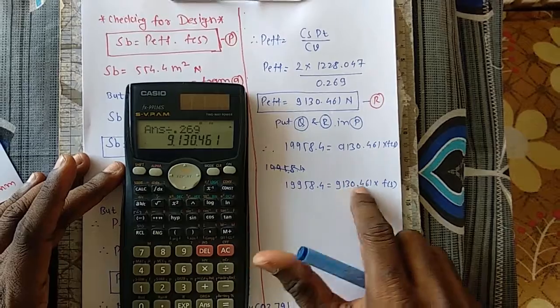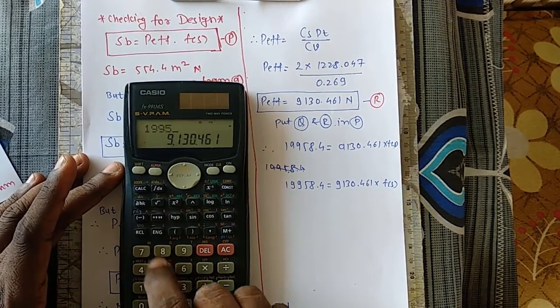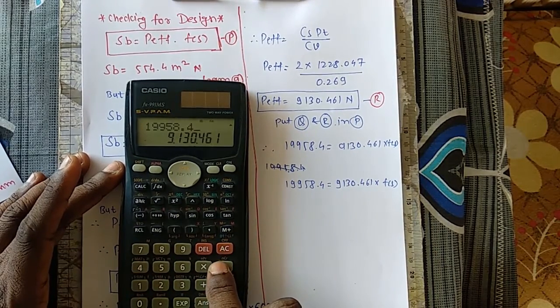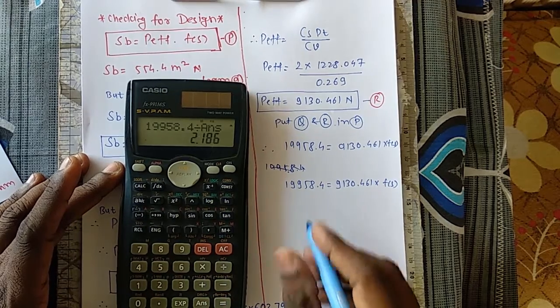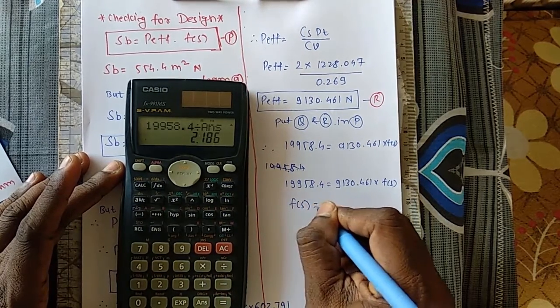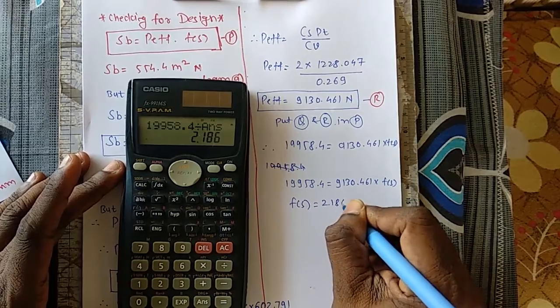So I do have this answer. 19958.4 divided by 9130.461, so the factor of safety I got is 2.186.